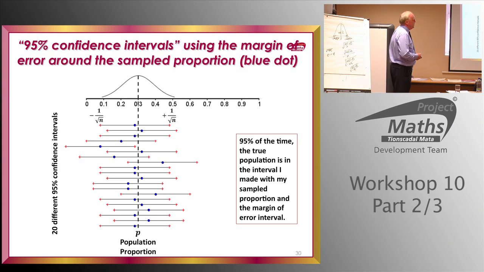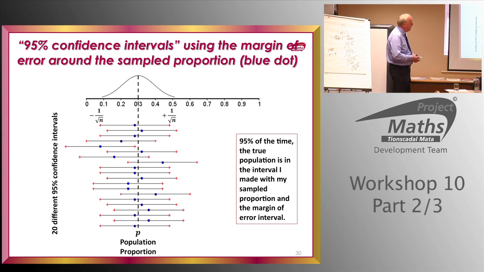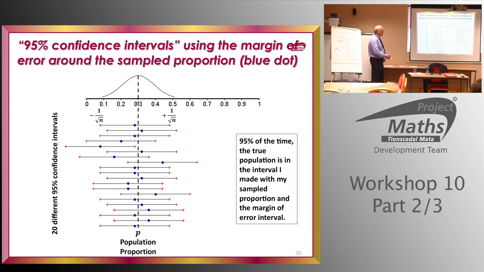Now, the blue dots here. These are all the different samples we took, 20 of them. Now, what do we notice? If I took lots of random samples of this size and created confidence intervals at 95% around the sample proportions, 95% would capture the true population proportion. Now I know the true one here, between 50 and 10%.